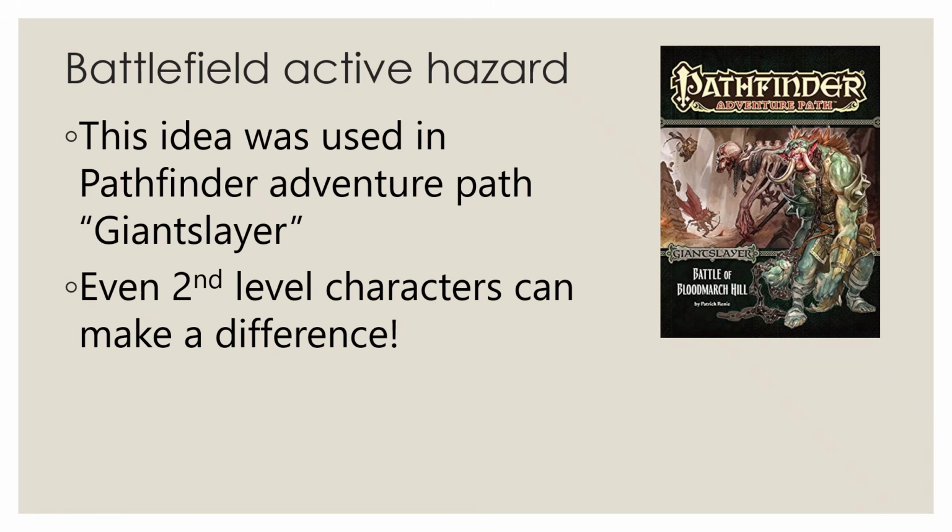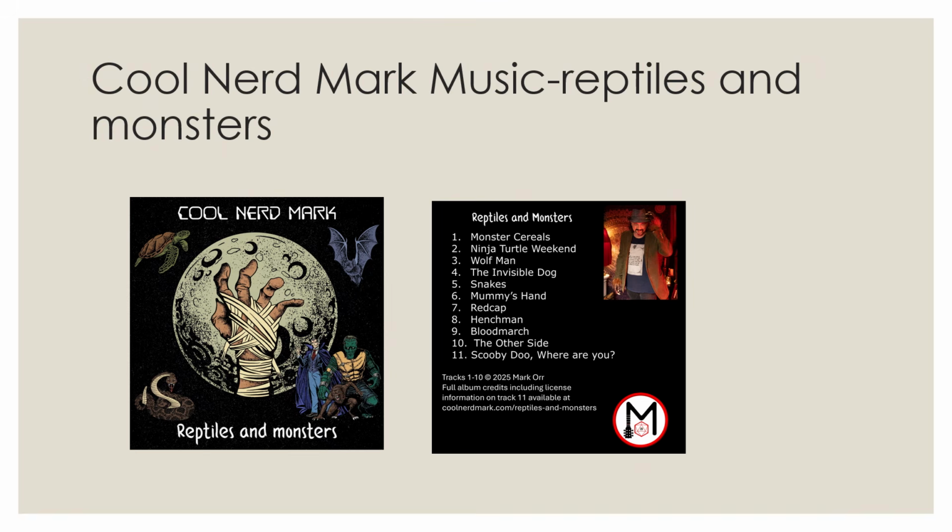So when I was running Giant Slayer, I actually wrote a couple of songs that went with that first book, and two of them are actually featured on my album, Reptiles and Monsters, because I also do music in addition to writing these adventures, if you didn't know that already. So tracks 9 and 10, Blood March and The Other Side, are based on songs that were kind of described in that adventure path.